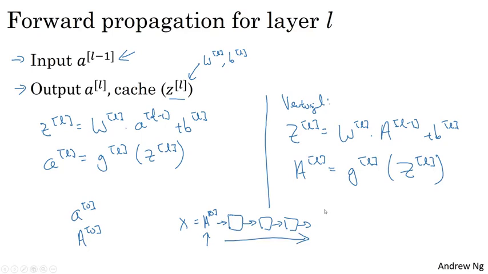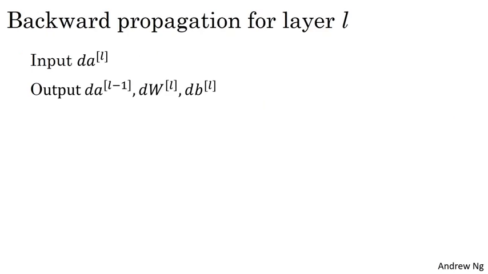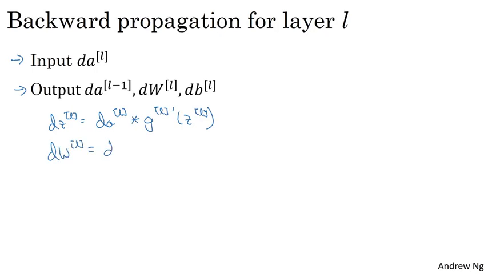Next, let's talk about the backward propagation step. Here, your goal is to input dA^[l] and output dA^[l-1] and dW^[l] and db^[l]. Let me just write out the steps you need to compute these things. dZ^[l] is equal to dA^[l] element-wise product with g^[l]' of Z^[l], and then to compute the derivatives, dW^[l] equals dZ^[l] times A^[l-1].